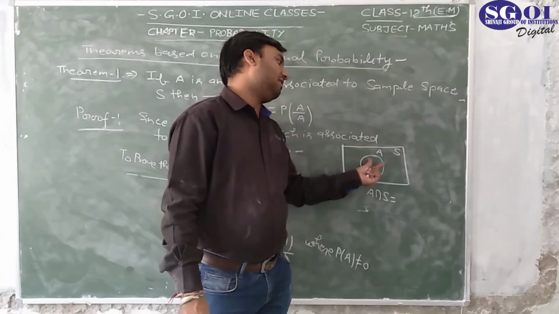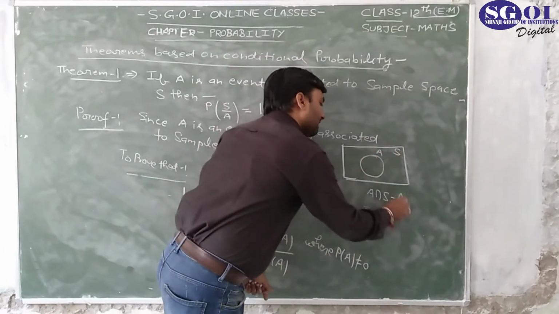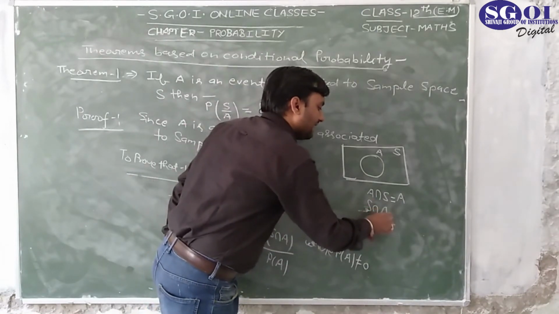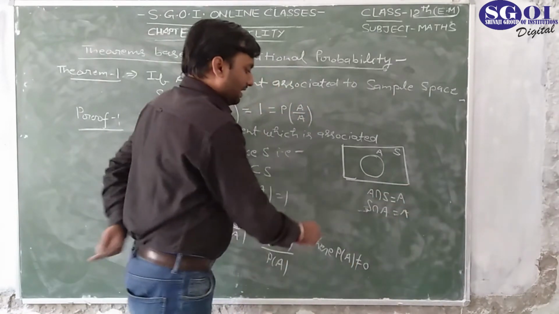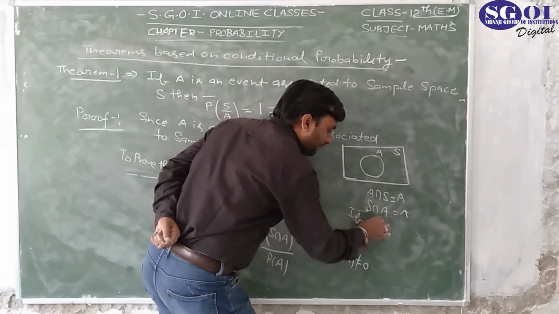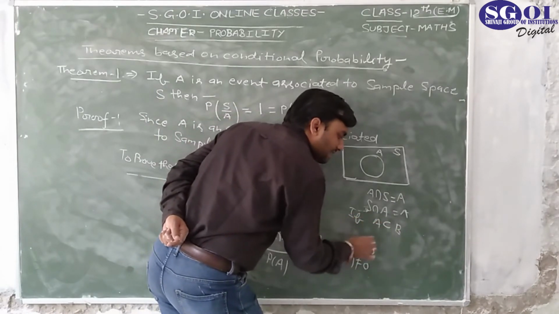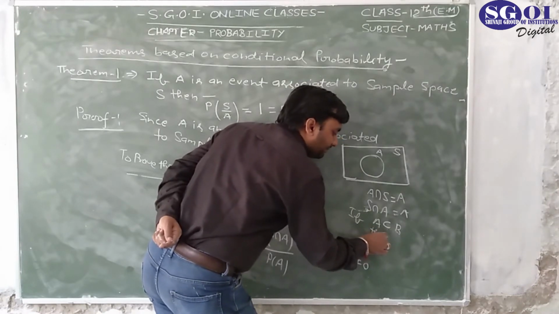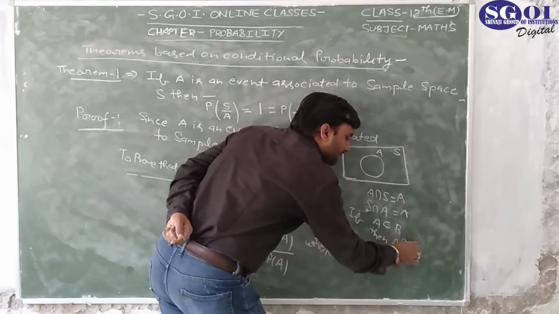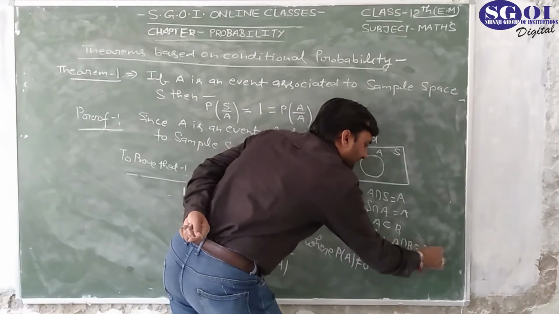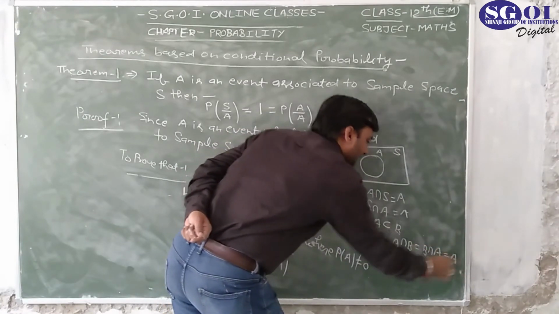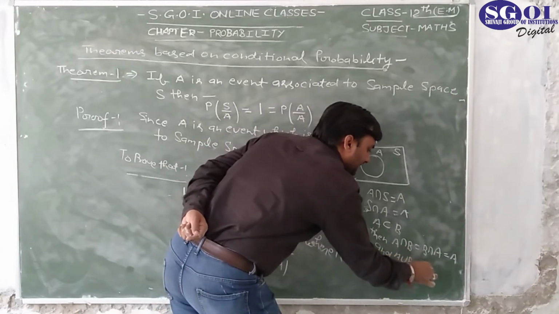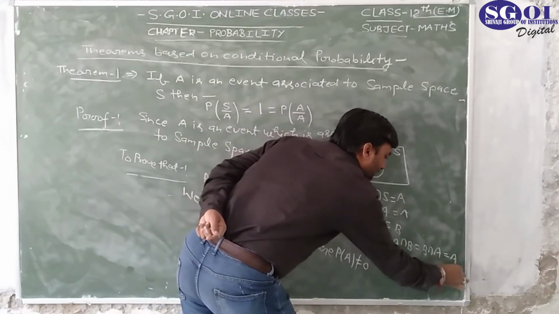The common portion of A and S is A. So A intersection S is A and S intersection A is also A. You can learn: if set A is a subset of B, then A intersection B or B intersection A, both are equal to A, and A union B and B union A both are equal to B.